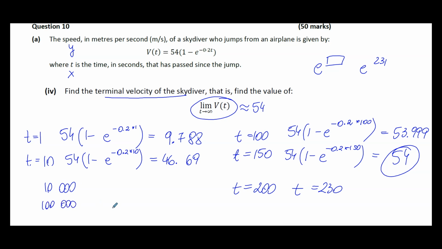You can do any jump you want so that you can see the pattern. And we could see that pattern already from 100, that was 54, 150, 54, 200, 54, 230, 54. So we know that the bigger the t gets, the value of the overall calculation will be 54.